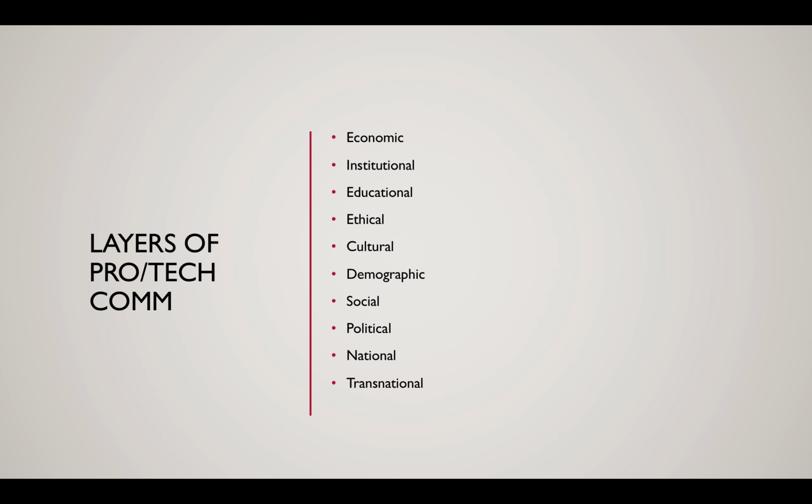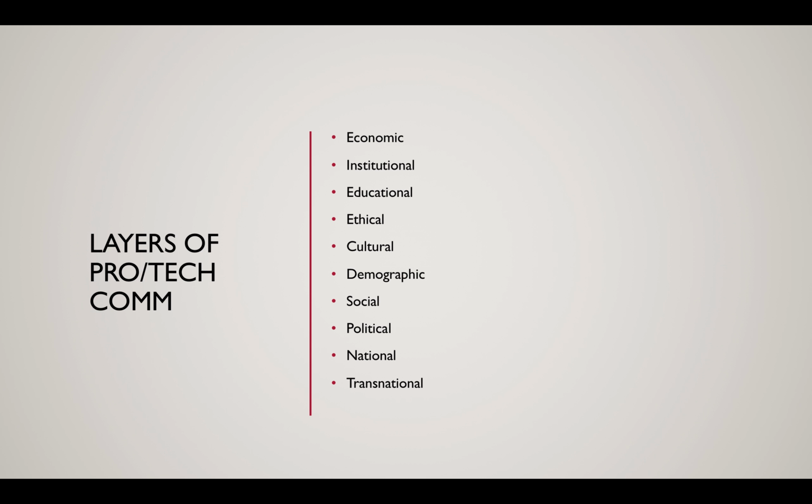One layer might be an economic layer. It might be looking at the cost benefit of communicating in a certain way, or it might be looking at the economics behind communicating in this way. It could be the economic stuff with the publics that you're communicating to.